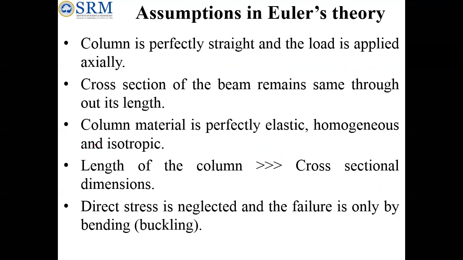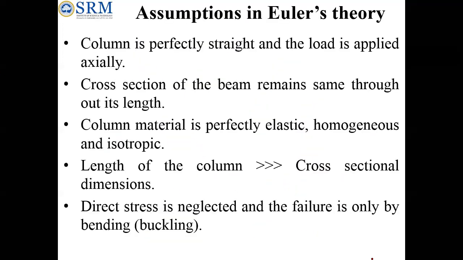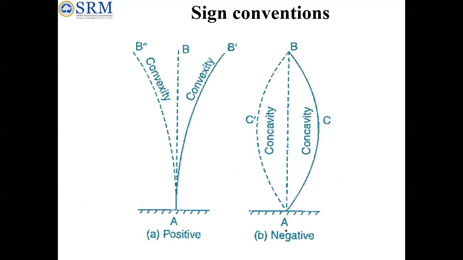The column material is perfectly elastic, homogeneous and isotropic, so it will not change throughout the length. The length of the column is larger than the cross section, then only we say it is a long column. Direct stress is neglected, and the failure is only due to buckling. These are all the assumptions in Euler's theory.